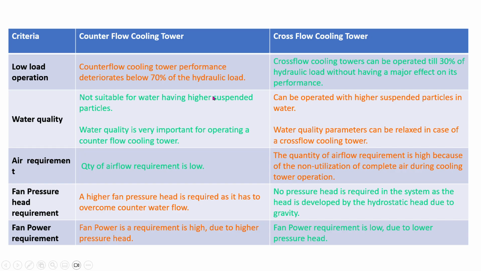If it is 700 cubic meters per hour, then its operation will not be as effective as at 1000. In the cross flow, performance does not depend much on the cooling water flow, so there is no major effect, and it can be operated down to 30% of the hydraulic load without a major effect on performance. So it can be operated at 30% water load without performance change, but in the counter flow, below 70%, performance will deteriorate.